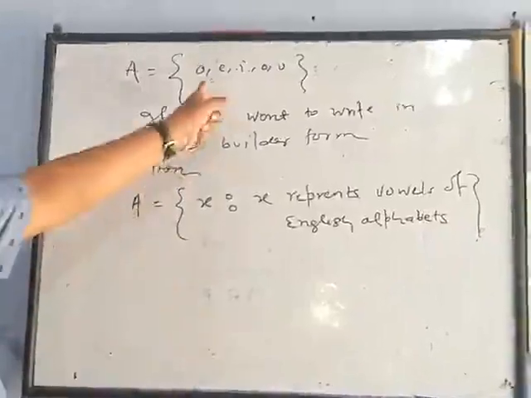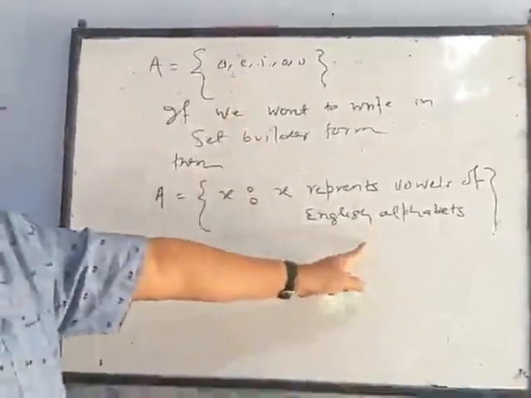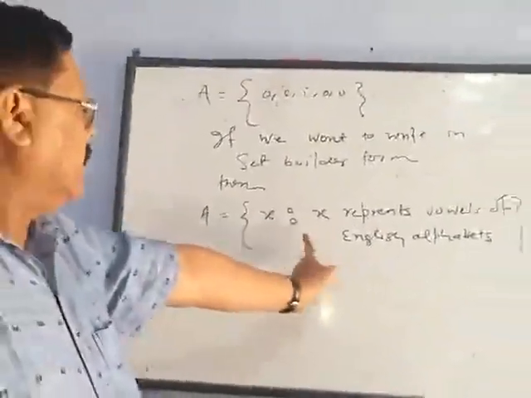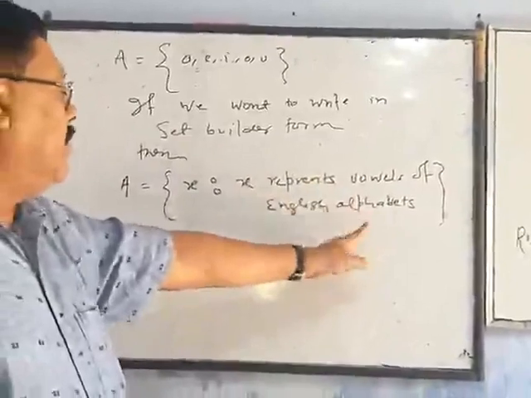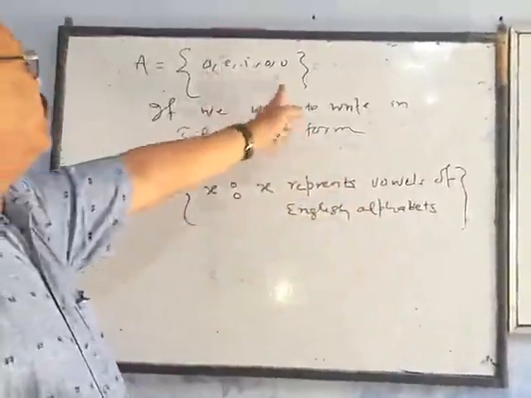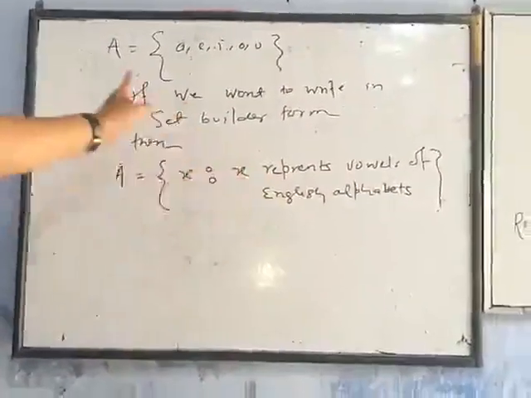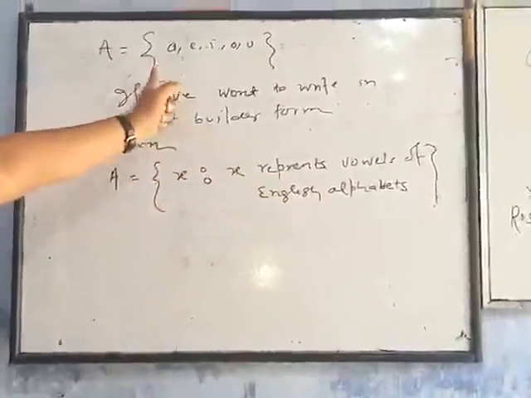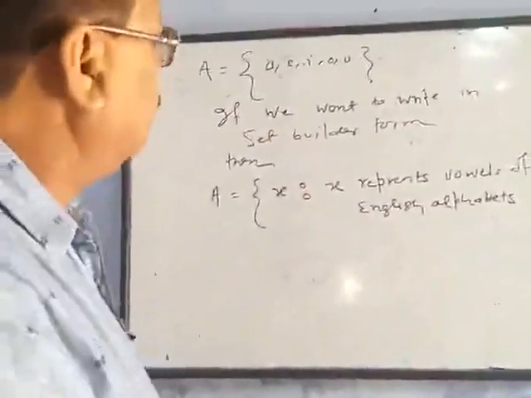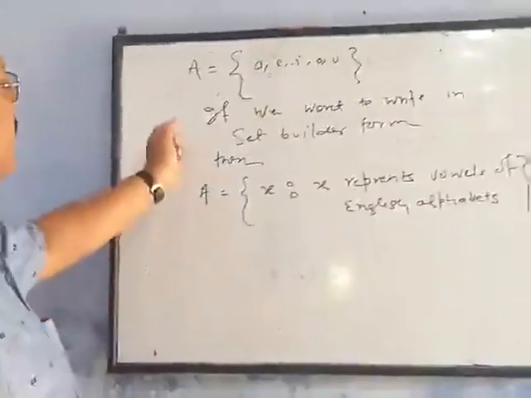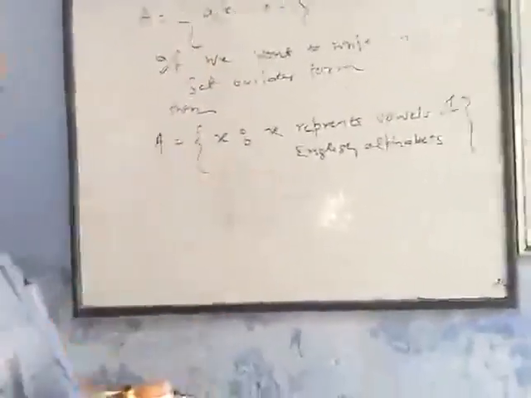So writing this set A like this is called set builder form. X represents a vowel of the English alphabet, that is A, E, I, O, U. So this is written in set builder form and this is written in roster form. So two methods are developed in mathematics for writing a set: roster form and set builder form.